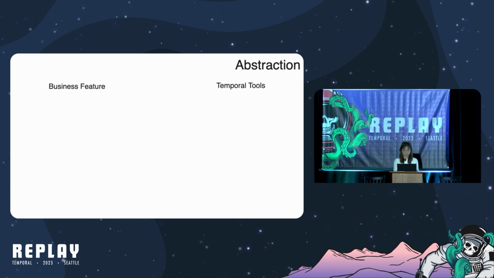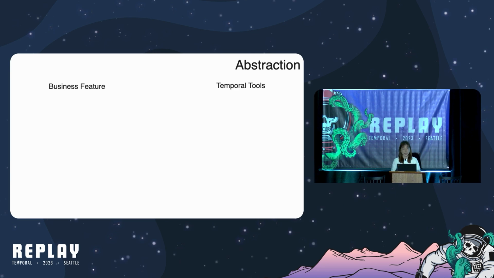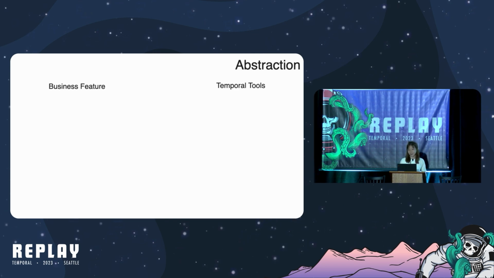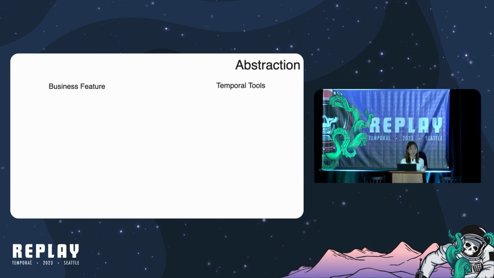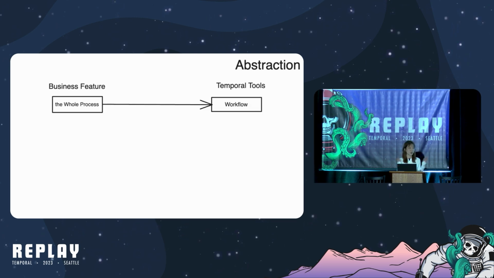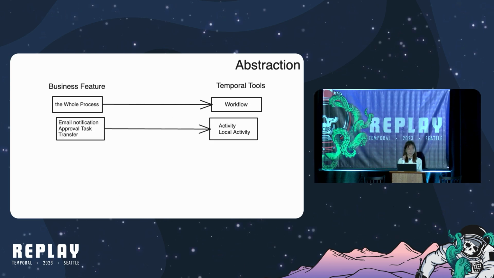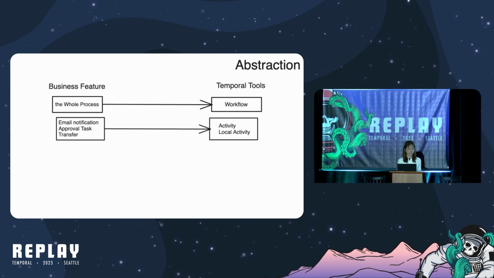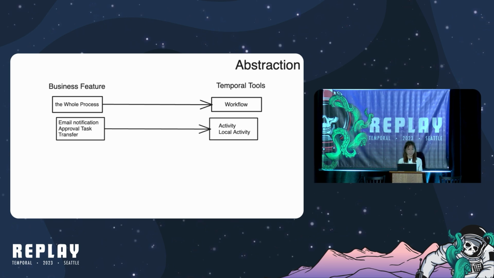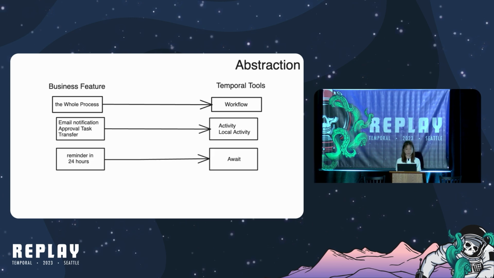To get a solution for this process, we first need abstraction. And we use a straightforward way of mapping directly the business features to the Temporal concepts. In this way, the whole business process becomes a workflow. And the steps inside the business process, like sending emails, starting an approval task, making transfers, become activities.